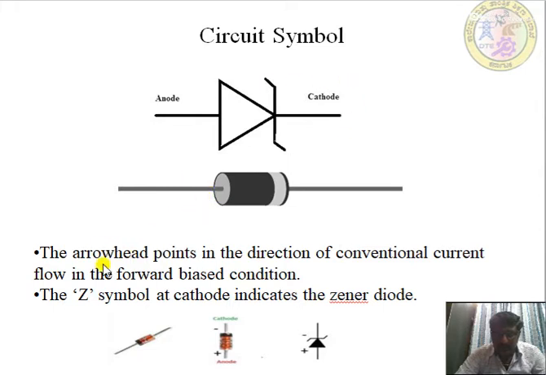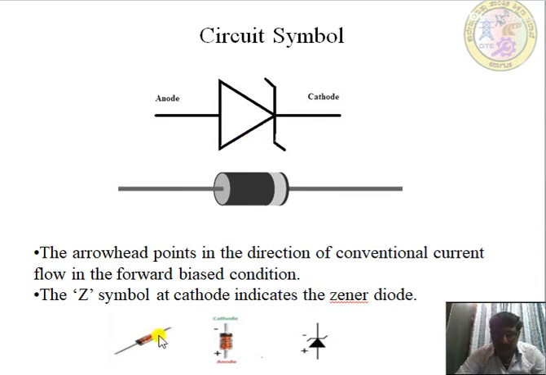The arrowhead points in the direction of conventional current flow in the forward bias direction, and the Z symbol at the cathode indicates a Zener diode. If it is a straight line, then it is a normal diode. Since it is represented with the Z-type symbol, we call it a Zener diode.